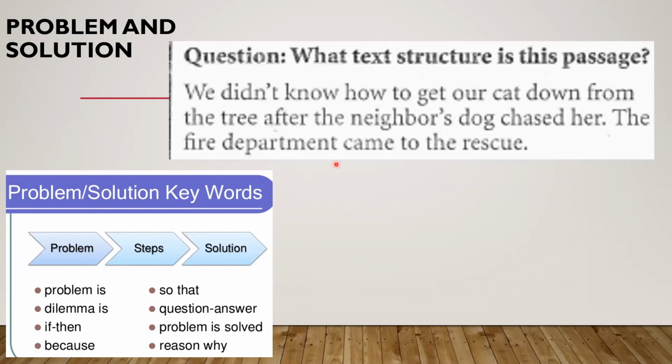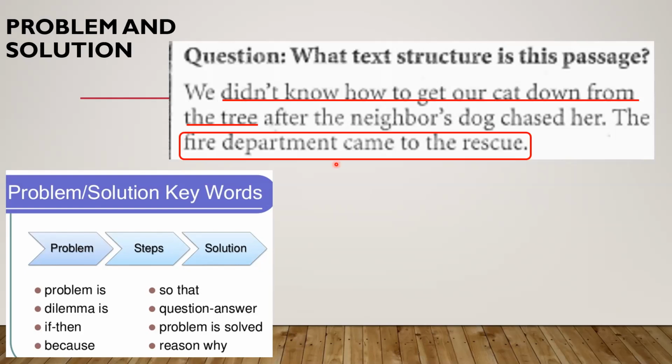So the problem in this case is they didn't know how to get their cat down from the tree. The solution was that they called the fire department and the fire department came to rescue the cat. So this is problem and solution. We found the problem in the passage and we found what the solution was, how they fixed their problem. This is why this passage is a problem and solution passage.